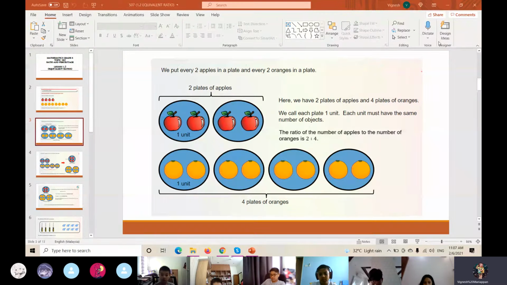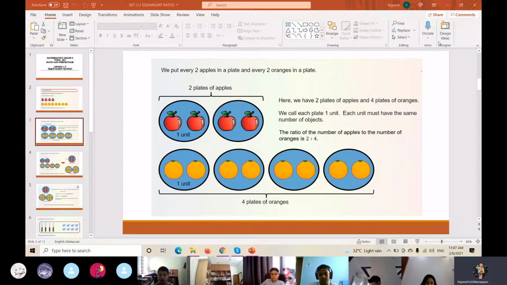Okay, let's say we have this one, teacher already taught on Monday, right? Let's say we have 2 plates of apples. 2 plates means teacher said the 1 plate containing 2 apples is equals to 1 unit, and 1 more plate of 2 apples is equals to 1 unit.